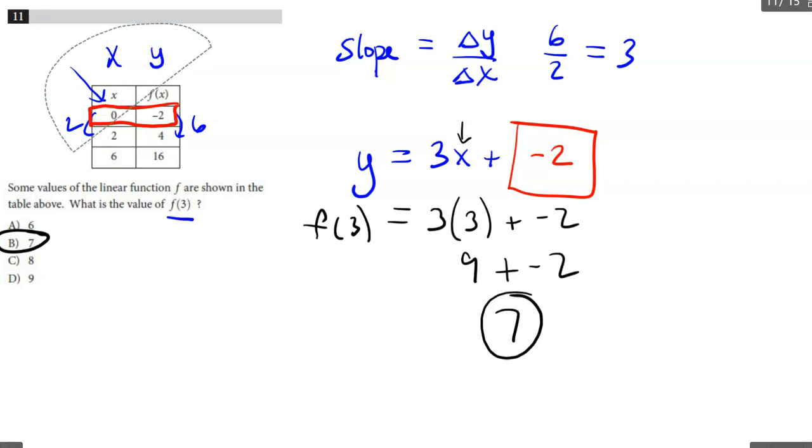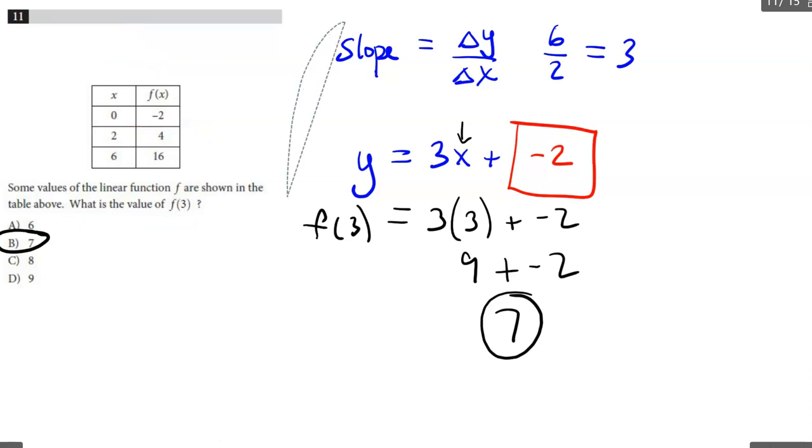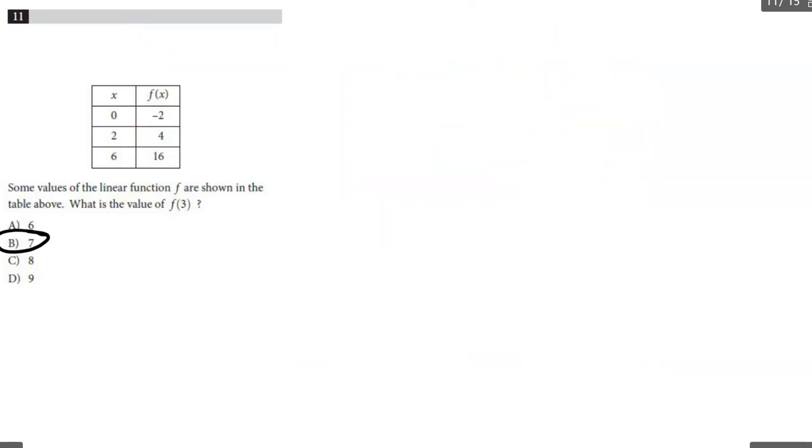Another way that I've seen kids do it, and sometimes they think this is a little bit easier, I don't know, you have to figure out what works for you, is to take this chart and expand it. So if I have 0, 2, 6, and -2, 4, 16.